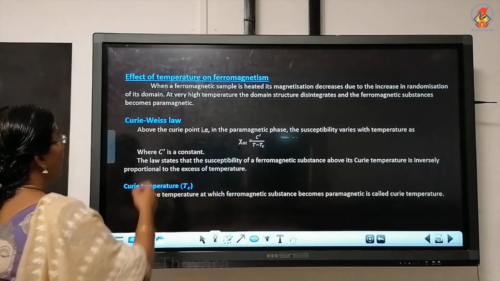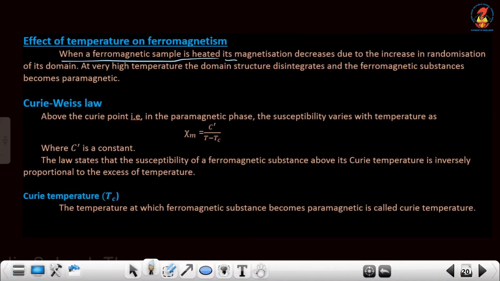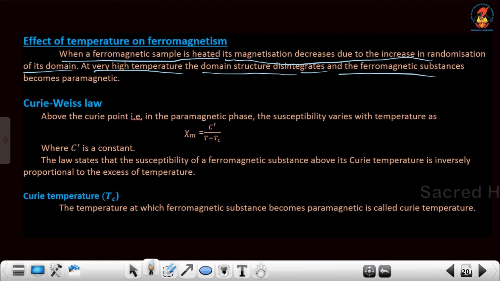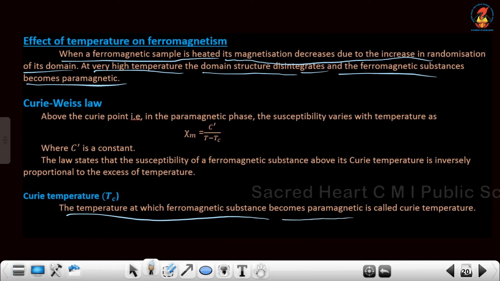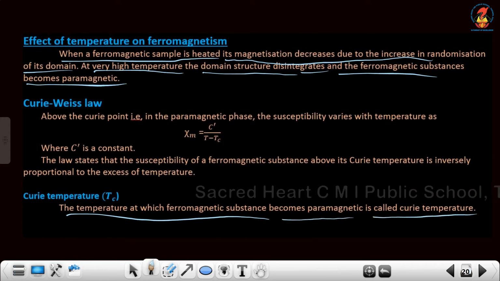Now, when a ferromagnetic sample is heated, its magnetization decreases due to the increase in randomization of its domains. At very high temperature, the domain structure disintegrates and a ferromagnet becomes a paramagnet. And the temperature at which a ferromagnetic substance becomes paramagnetic is called the Curie temperature.